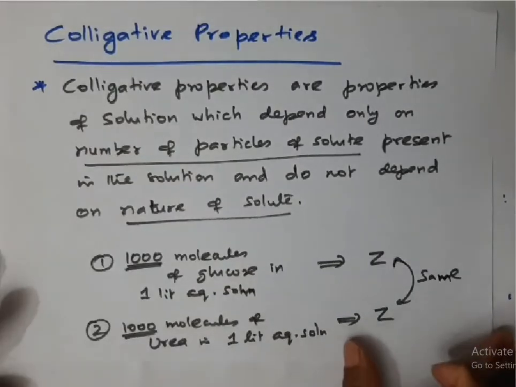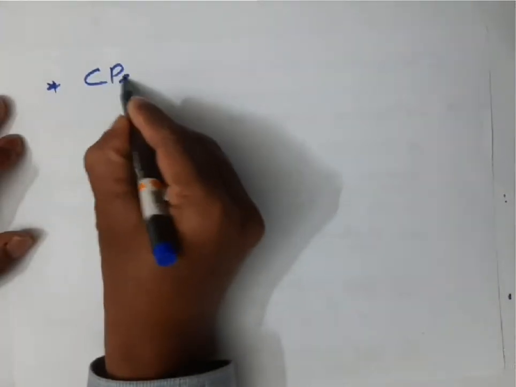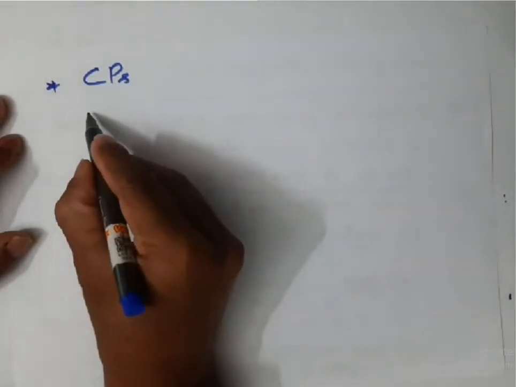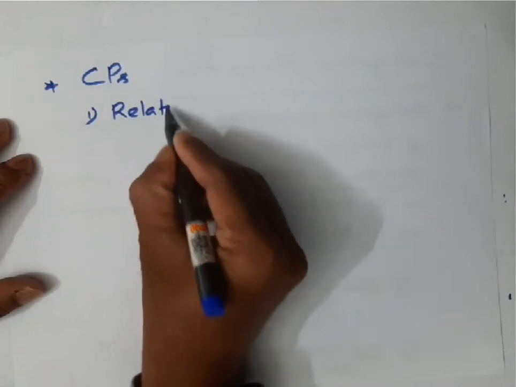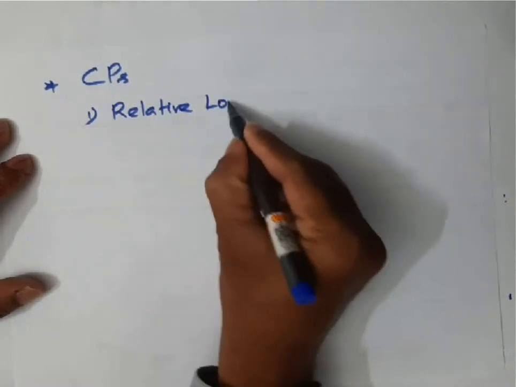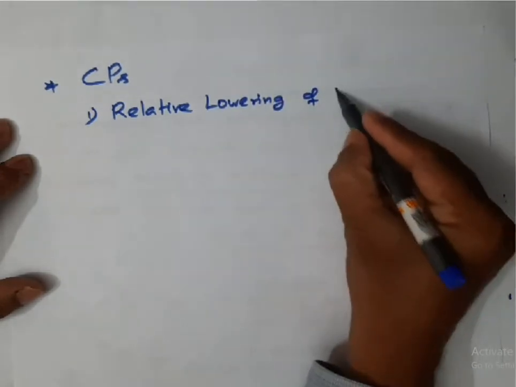Now, we actually have 4 colligative properties. What are they? Number 1, relative lowering of vapor pressure.